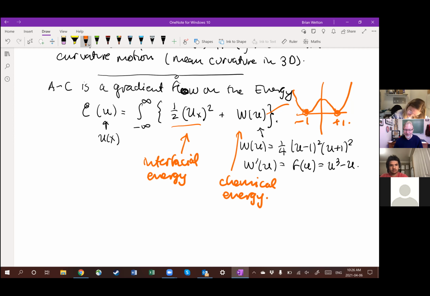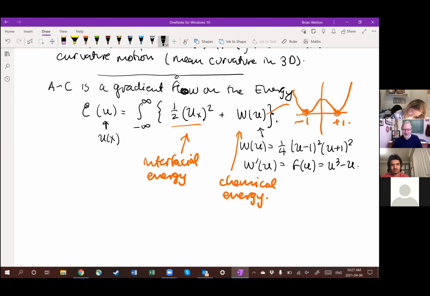Because you have to have some of this stuff between the two groups. And it really doesn't want that either, right? So this is something which I'll show you, that the dynamics minimize.